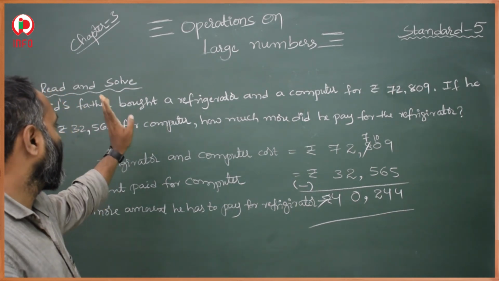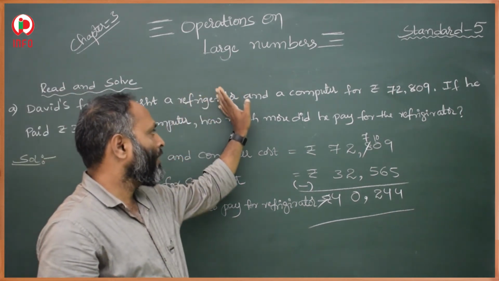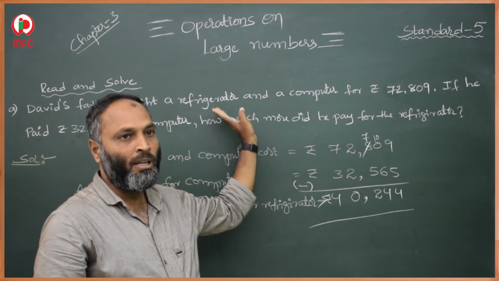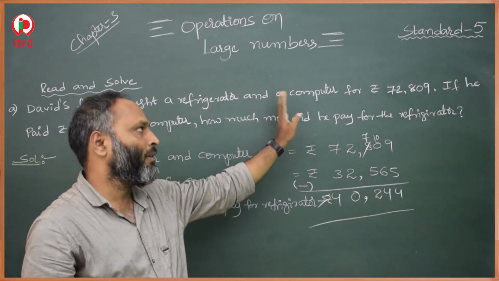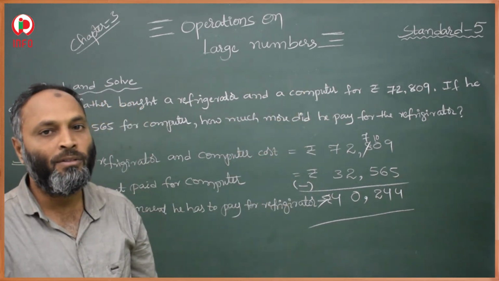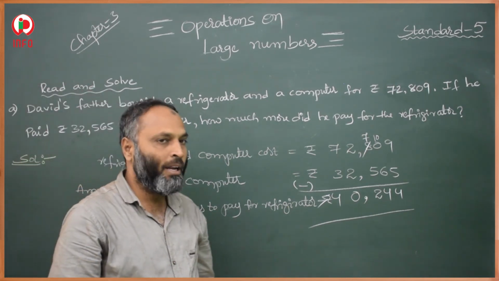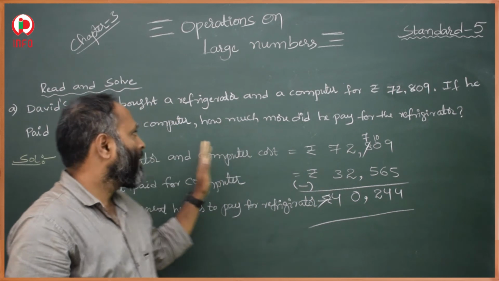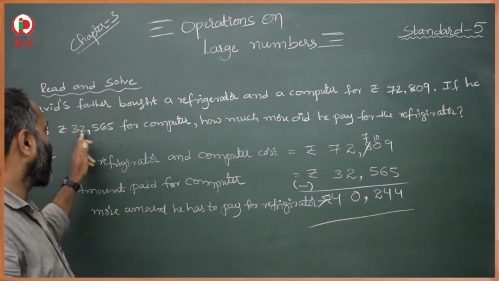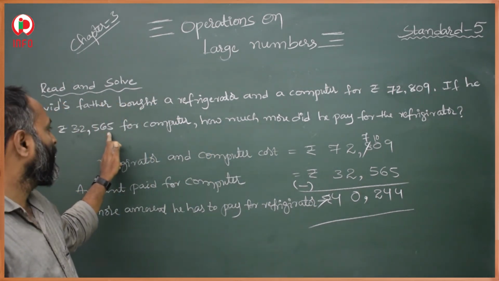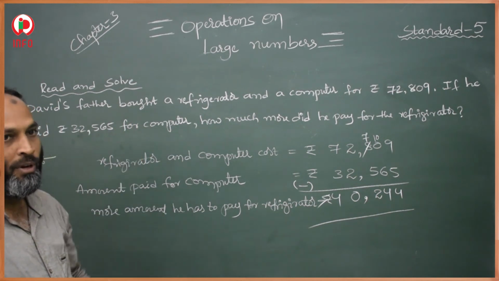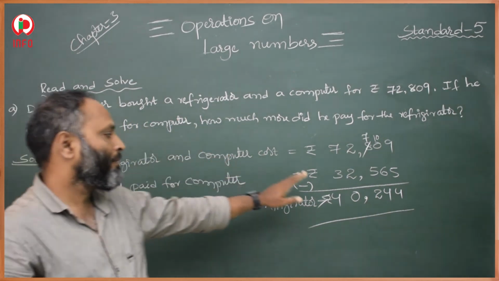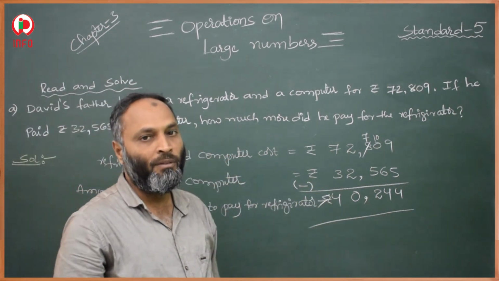What is given? The refrigerator and computer total cost is given, that is 72,809 rupees. Out of this amount, David's father paid 32,565 rupees for the computer. Then how much amount is left, he is asking.